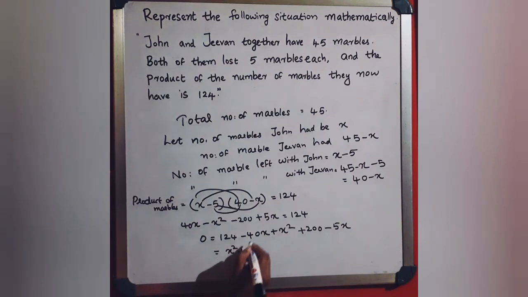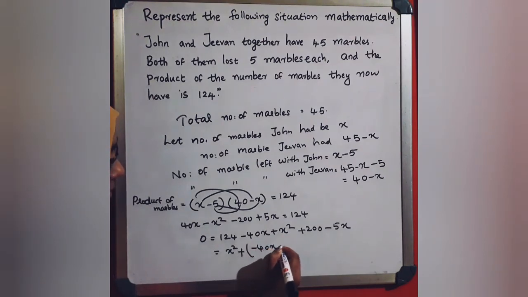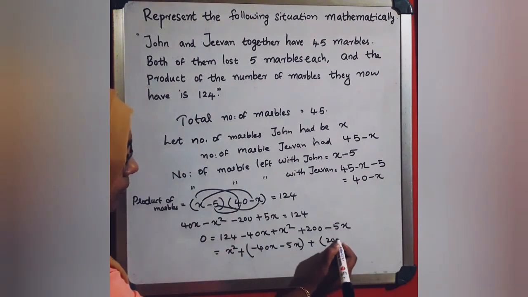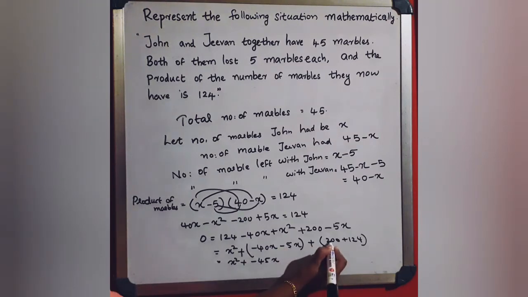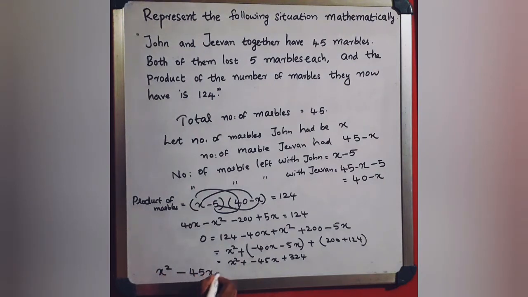Here the terms of x are minus 40x and minus 5x, plus the constant term 200 plus 124. That is, x square minus 45x plus 324. So the equation becomes x square minus 45x plus 324 is equal to 0.